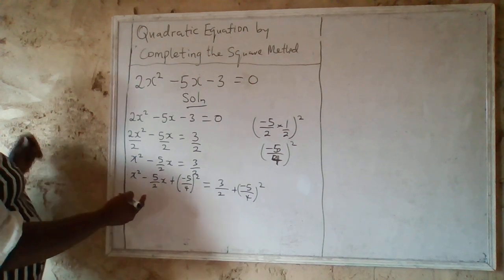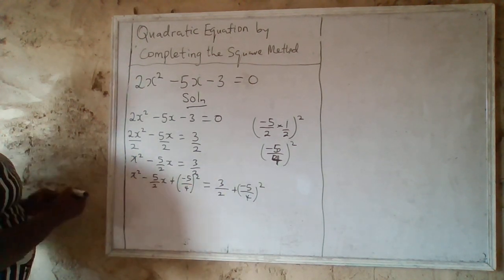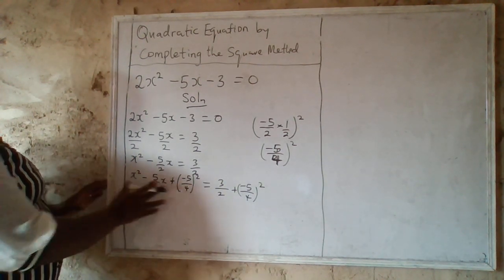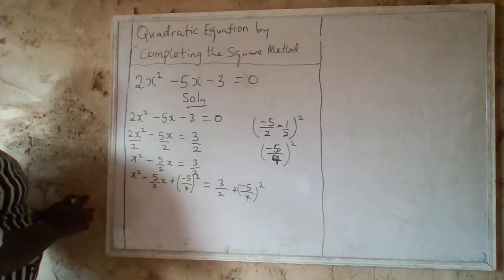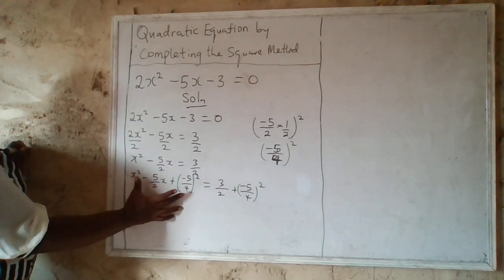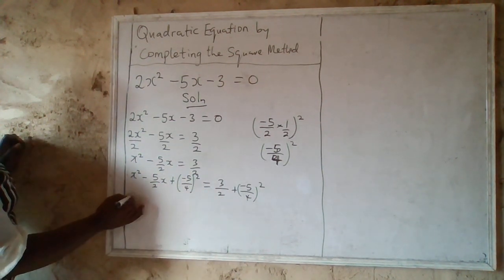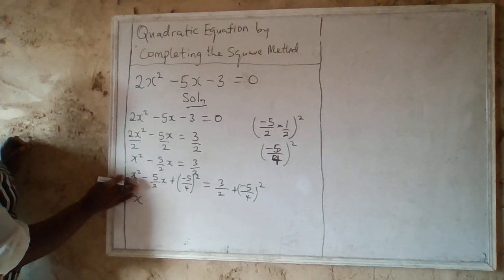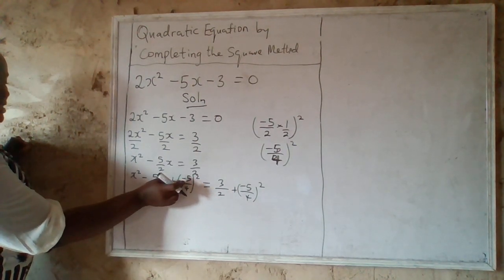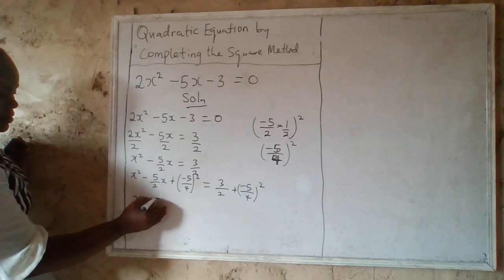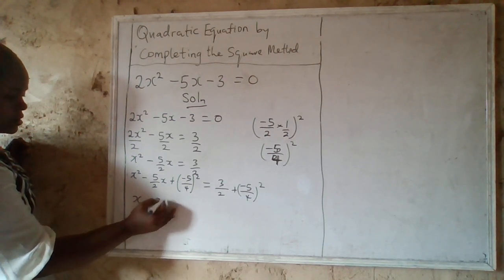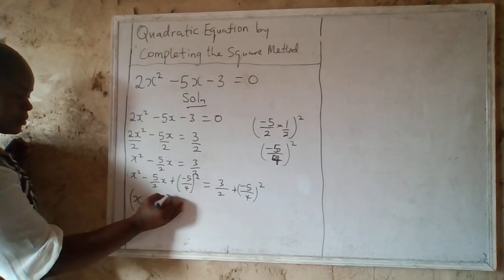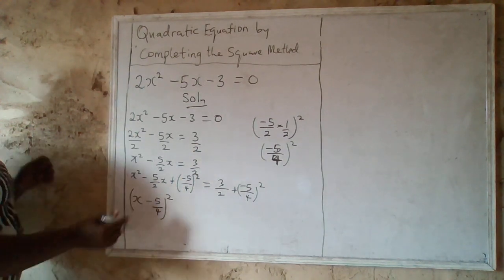Okay, so let's continue. In fact, this makes our work very easy because in order to factorize this, we simply take the x with the sign inside, minus 5 over 4, because this has become a perfect square, all squared.